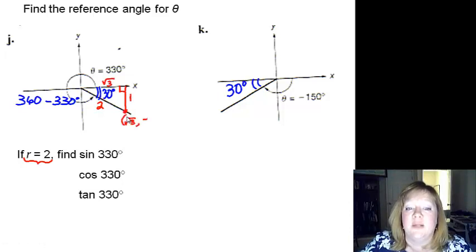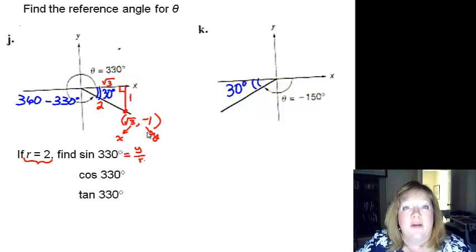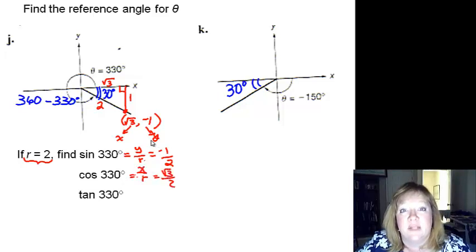To get the coordinates, notice I am in the 4th quadrant. So my x is positive. I'd go to the right square root of 3 units, and down 1, so my y coordinate is negative. Then you can form your ratios very easily. There's your x, there's your y. Sine is y over r, which is negative 1/2. Cosine of 330 is x over r. That's going to be positive square root of 3 over 2.